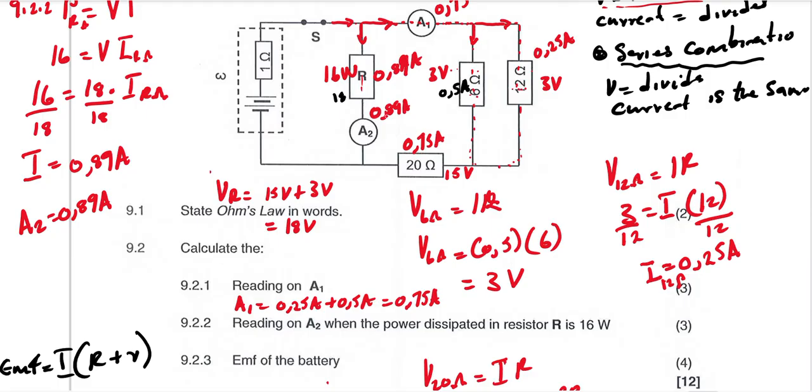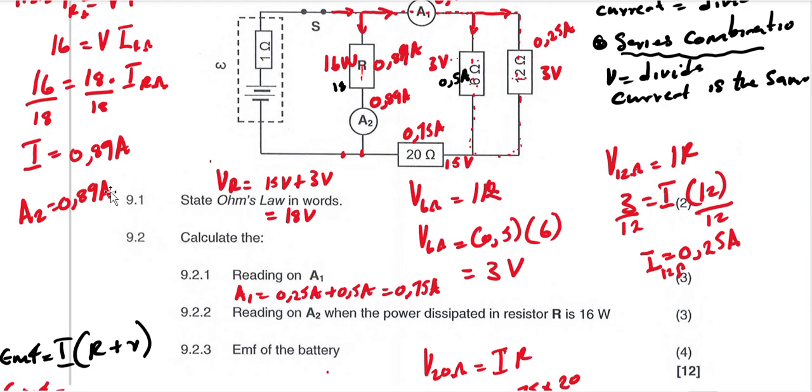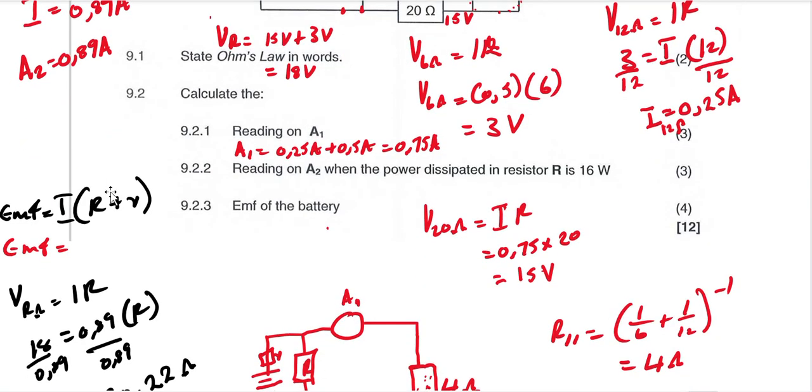When we are here our current is 0.89. They are going to combine here, and then here we get our I total when we combine this current of 0.89 and 0.75. 0.89 plus 0.75 is 1.64. Do you get me? Here we're going to have 1.64.